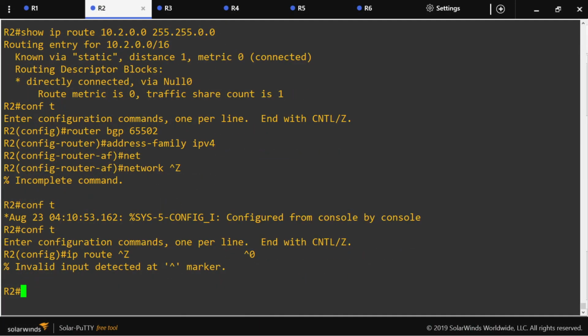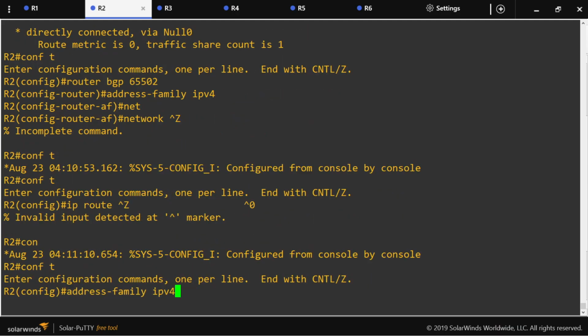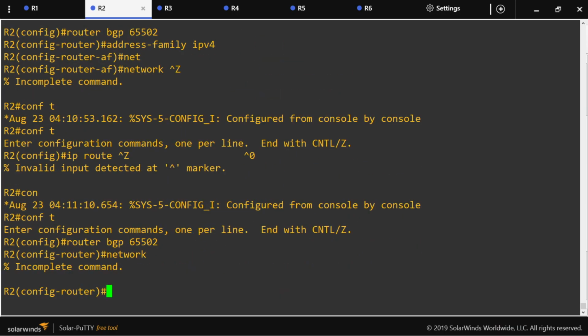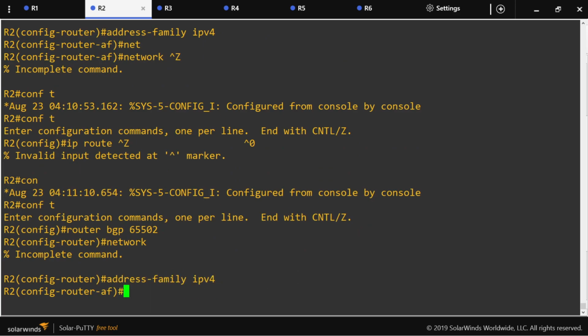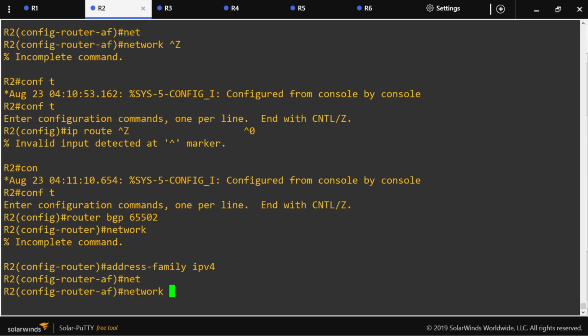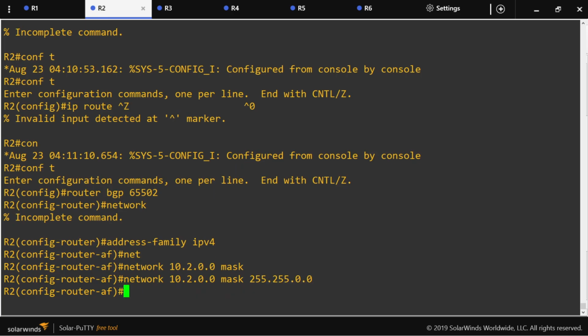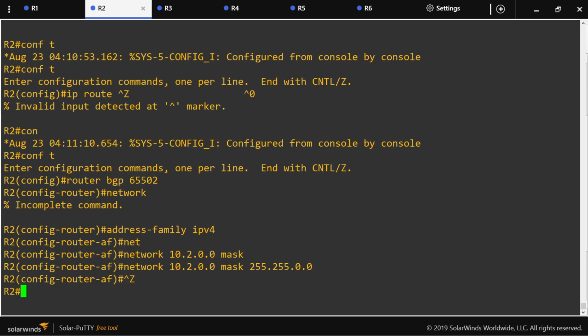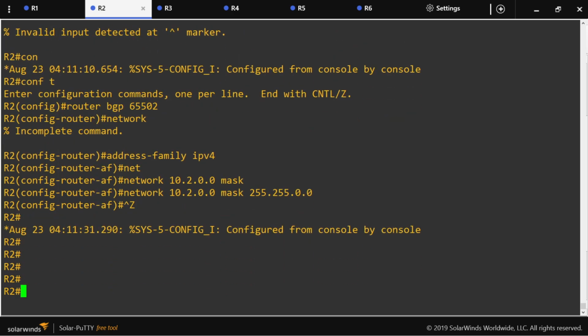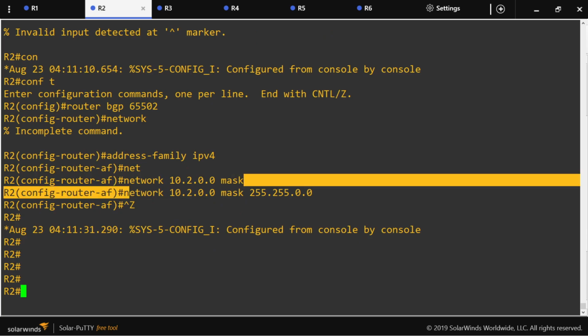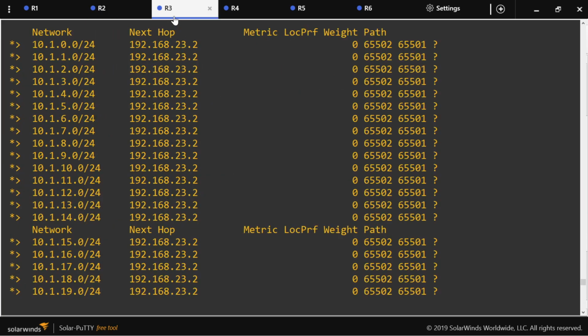So I'm going to create the network command within the address family IPv4: network 10.2.0.0 with its mask. So this will create this advertisement to be sent over here.